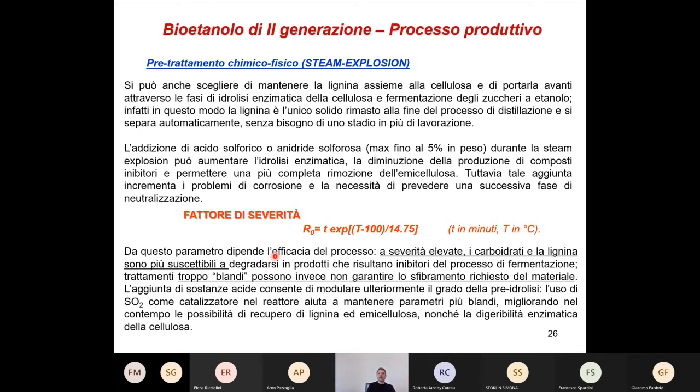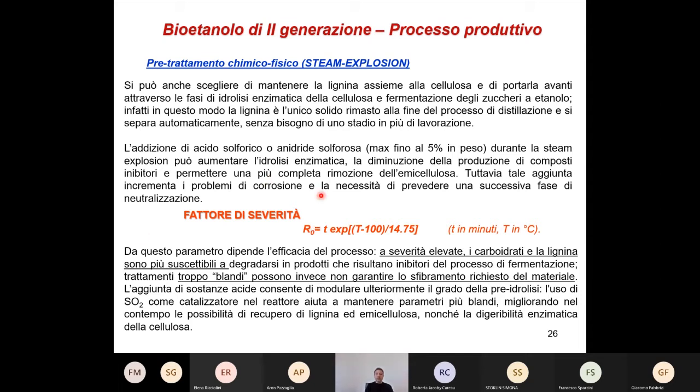And so there is an equation you can use to consider the time and the temperature to obtain a number, 4, 5, 6, that gives an effective number to your process severity.